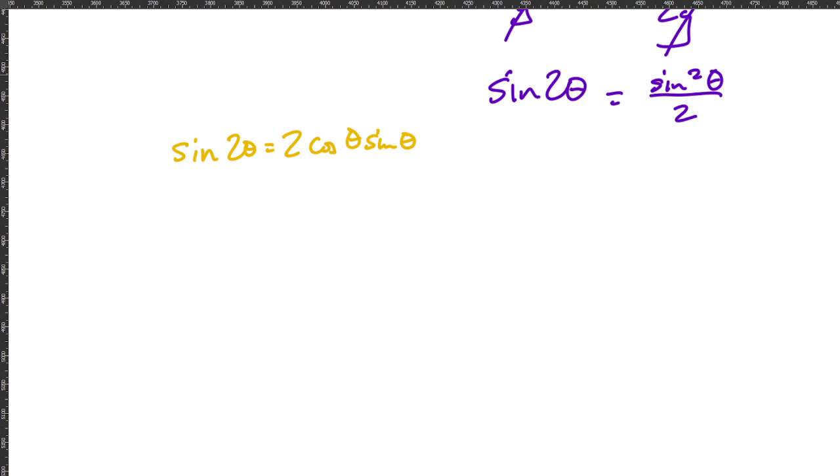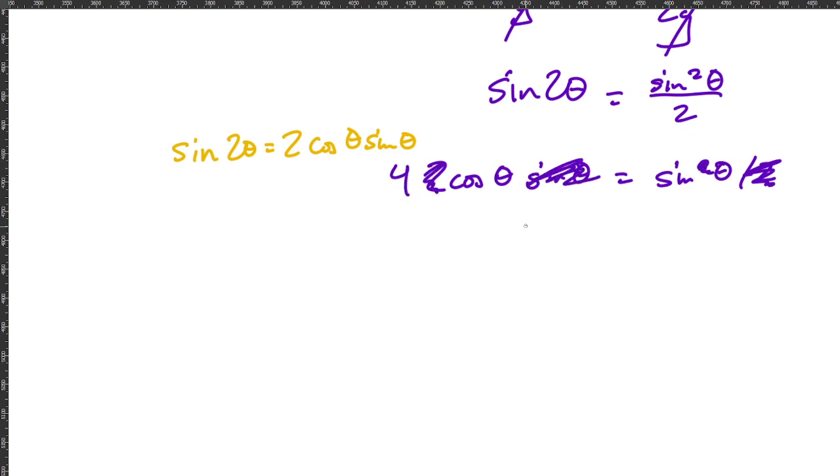That means that 2 cosine theta sine theta is equal to sine squared theta divided by 2. Let's move this over. Now we have 4. Let's cross this out, remove the square, and now we have sine theta equals 4 cosine theta.